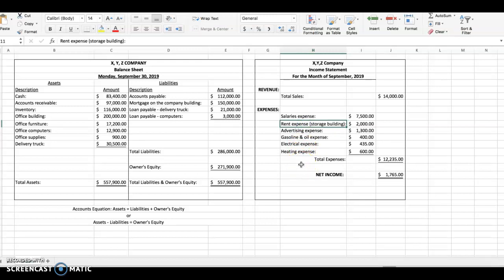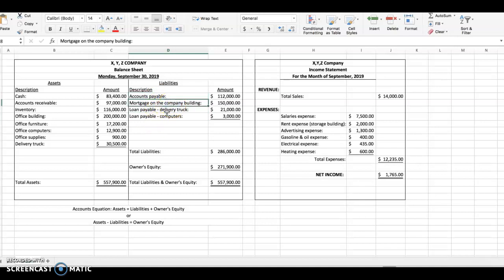Now, first of all, let's take a look at expenses in the income statement and over here, the liabilities in the balance sheet. It's important that you are clear on the difference between liabilities and expenses. They sound alike, but they're a little different. If you look at liabilities, every one of these liabilities are things that we owe, but in return we got something.